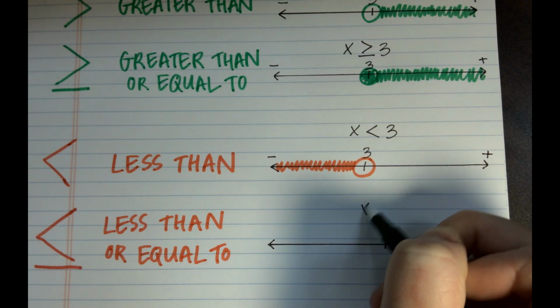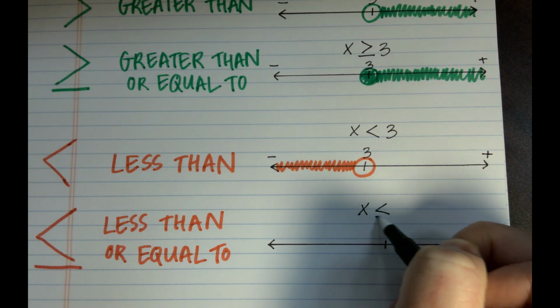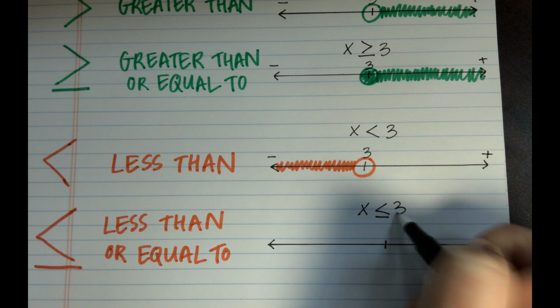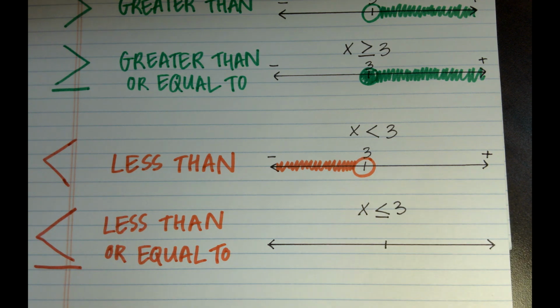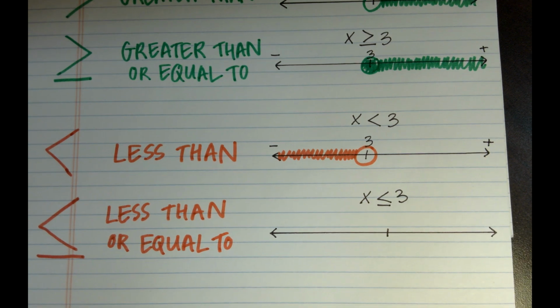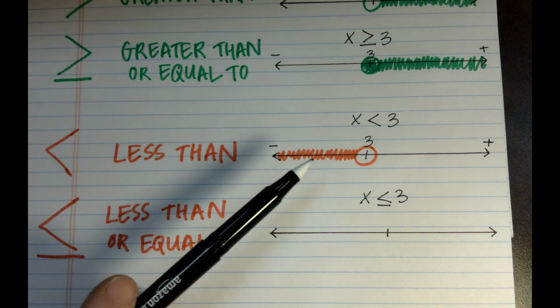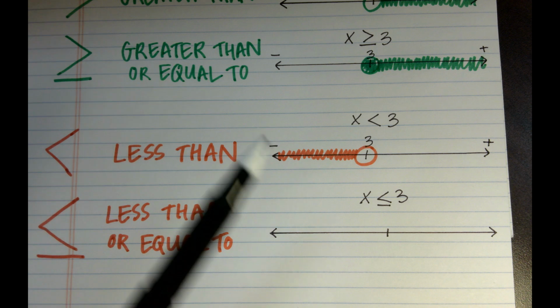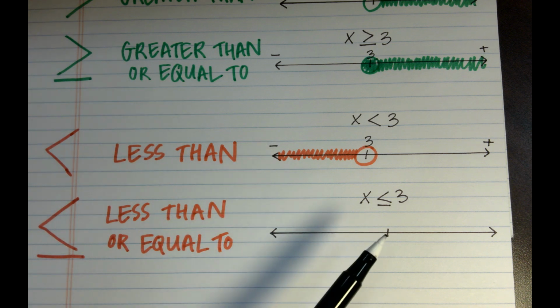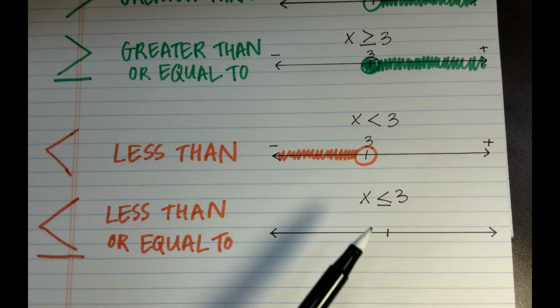It will be the graph of x is less than or equal to 3. So what's going to be the main difference between the graph directly above it and the graph for less than or equal to? Shading. Yes, just the shading of the circle. Everything else will be exactly the same.